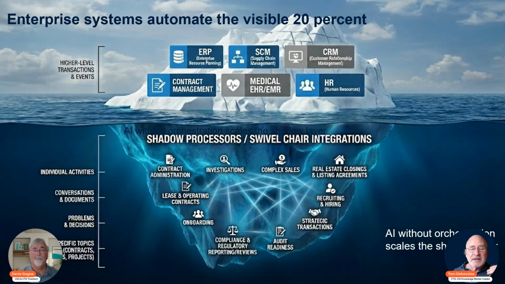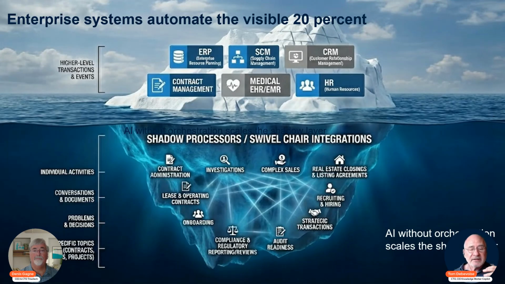But the knowledge worker copilot addresses the work that happens below the waterline, where the human interactions typically take place. Above the waterline, those systems of record have structured software packages, and we rely on them daily. But the real work below the surface is what we call shadow processes.